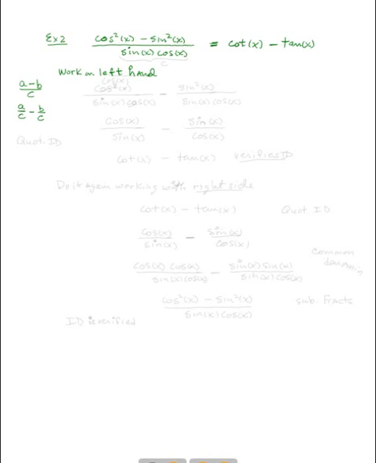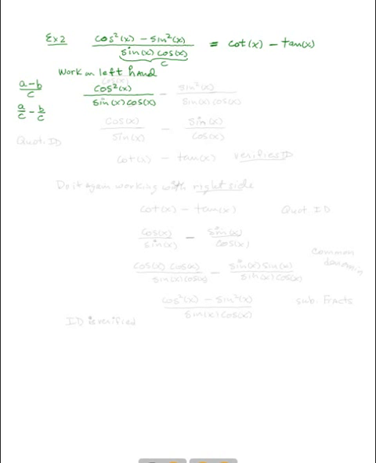Now how does that work out in the trig? Well, we'll have cosine squared in our first term in the numerator, and then that'll be divided by sine times cosine. So our c is the whole quantity, sine times cosine.